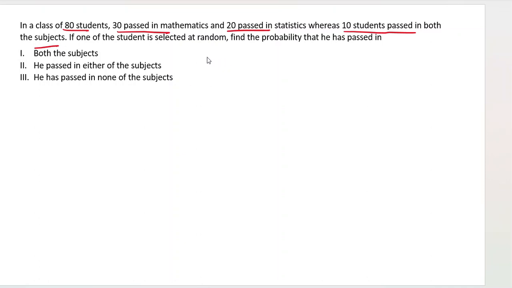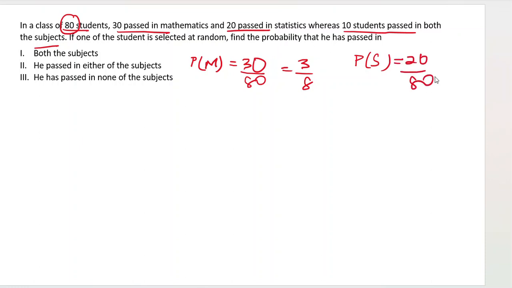Probability of mathematics is nothing but 30 students passed out of 80 total students, which is 30 upon 80, or 3 by 8. You can also get this answer in decimal if you want. Probability of statistics is 20 upon 80, which is 2 by 8.